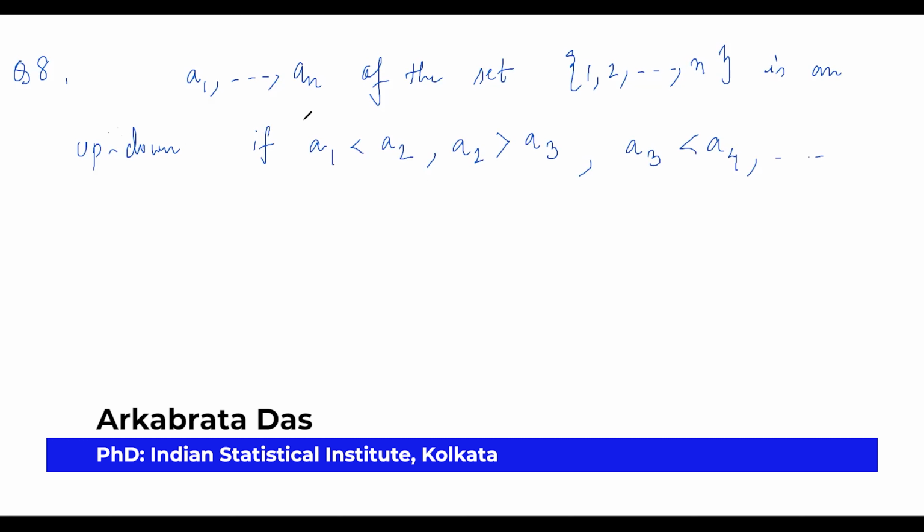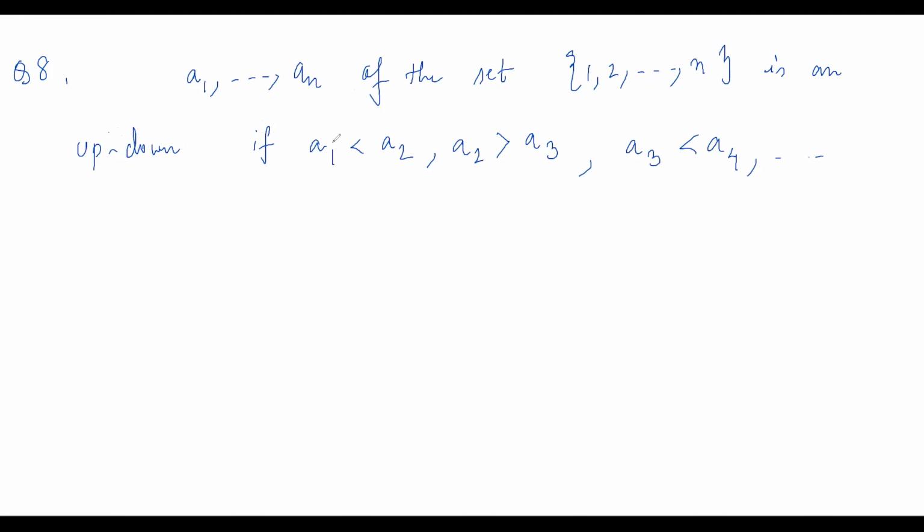And again we'll say a permutation a1, a2 dot dot dot an from the set 1 to n is a down up permutation if a1 is greater than a2, and a2 is lesser than a3, and a3 is greater than a4, and so on.